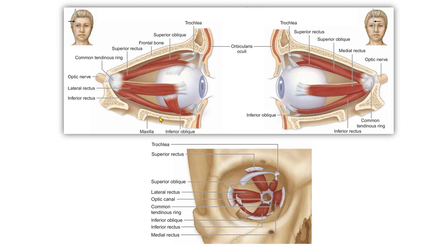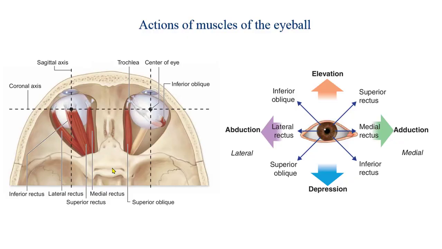We are now ready to move on to the functions of the extraocular muscles. But at first, it should again be noted that the axis of each orbit is directed slightly laterally from back to front, but each eyeball is directed anteriorly.